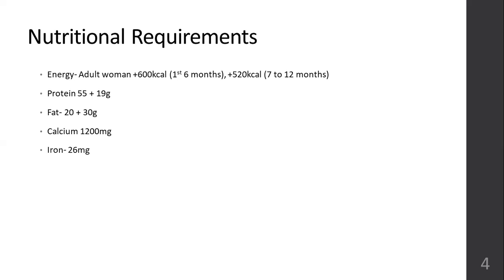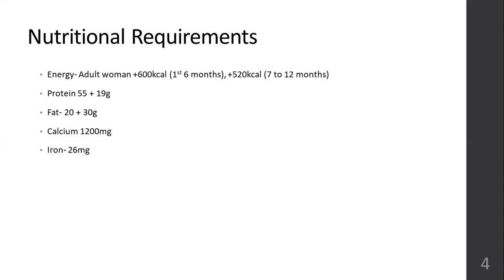Iron, 29 mg of iron is what a normal adult requires. But during lactation, you can just take 23 mg. You can reduce the quantity of iron taken during lactation because you're not having your periods.